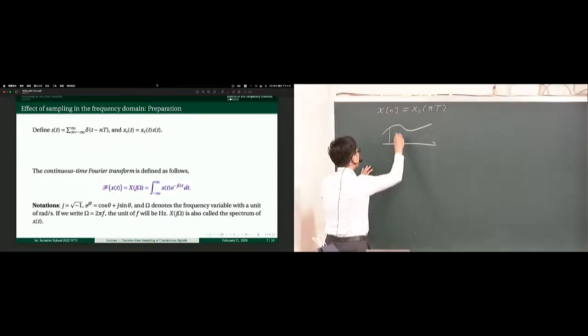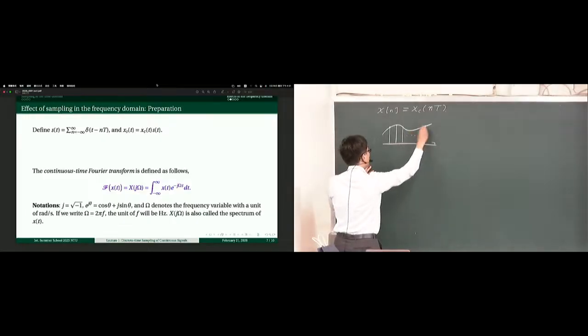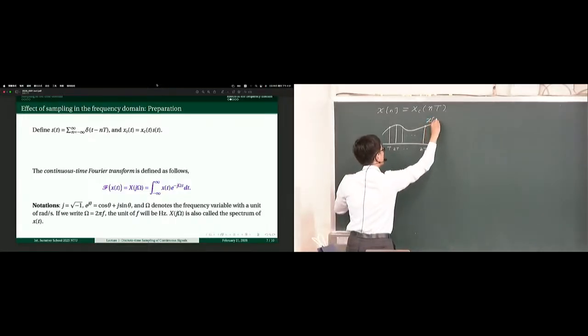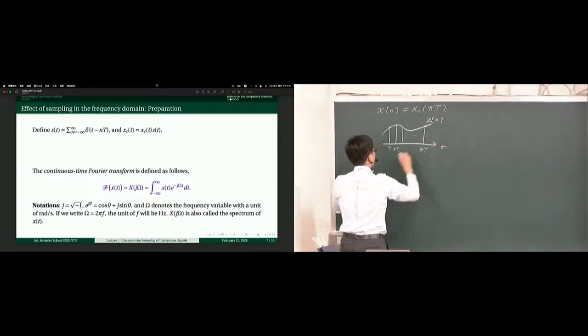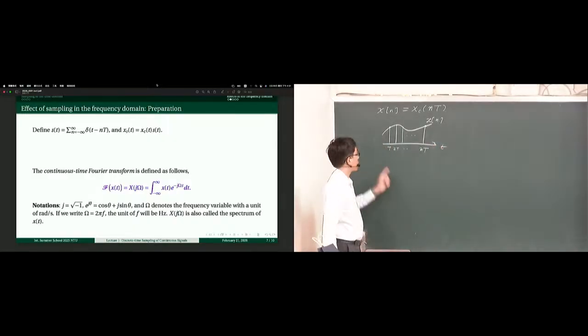We evaluate the signal at every integer multiple of the sampling period T, so T, 2T, and so on, n times T. That's x[n] right there, and T goes in this direction. So we're turning a continuous waveform into a sequence of spikes, and each spike has a different height according to the signal value. So that's a very simple definition.